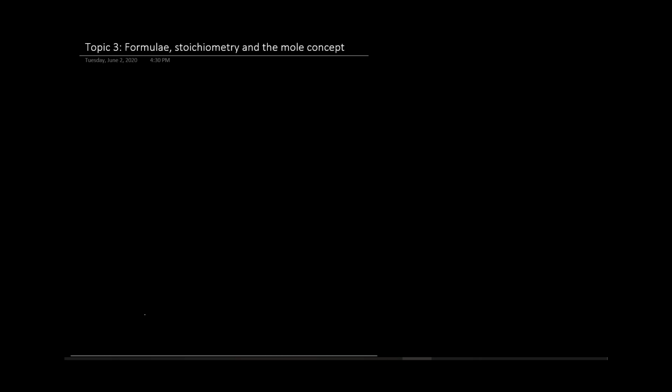There are cases where the amount of product you expect from a certain reaction does not match in reality. Let's stop using sodium all the time. Let's just go for calcium. Calcium plus hydrochloric acid.